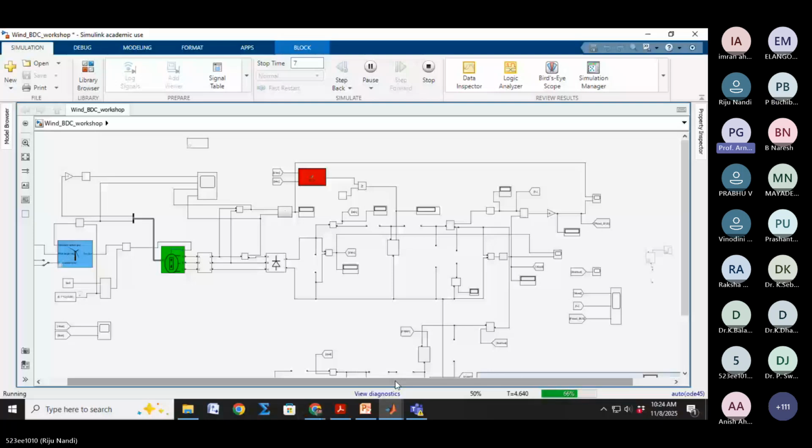Actually, this is a very crash level study, so we thought that next time we can take some, because this time the workshop was already scheduled. Definitely next time we can consider one session only for the modeling of the converters and their controller designing.